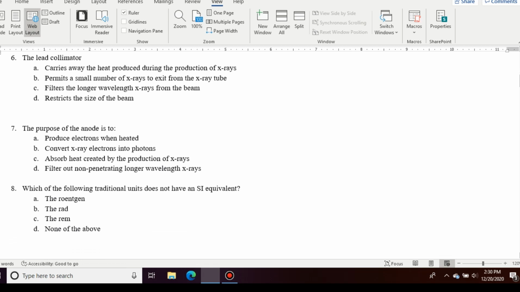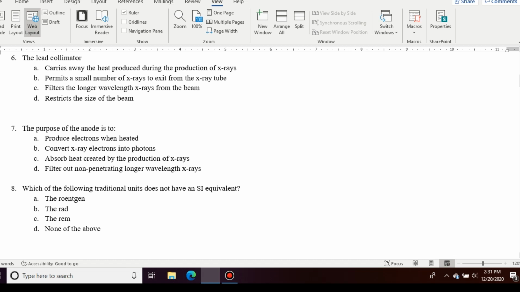Number 6, the lead collimator. Let me do that one over. Number 6, the lead collimator.